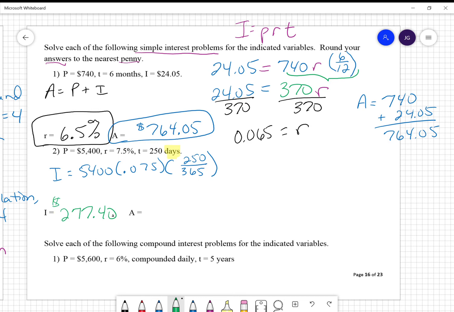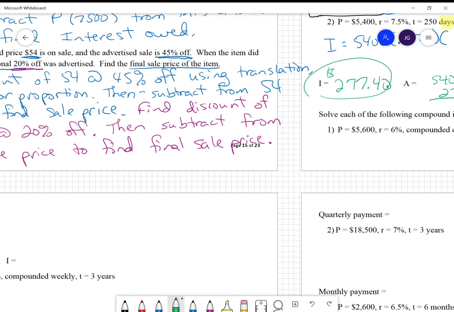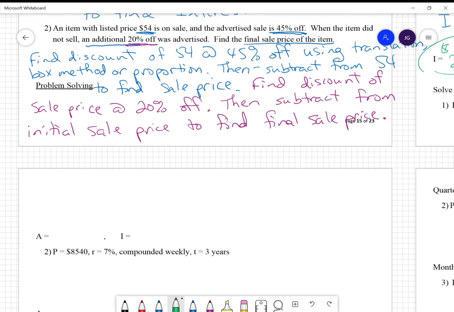And amount is 5,400 plus 277.40, $5,677.40. Okay, next one. Let's see, what am I supposed to solve for? A and I.